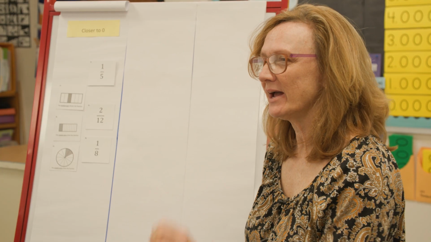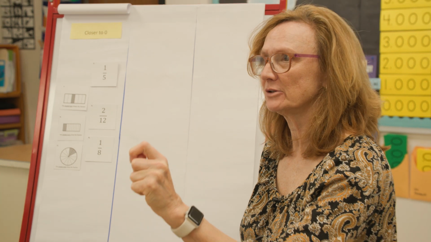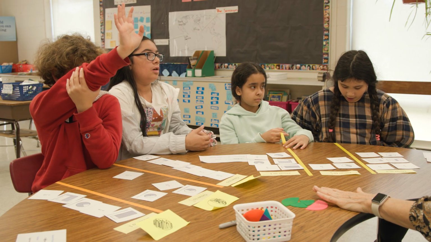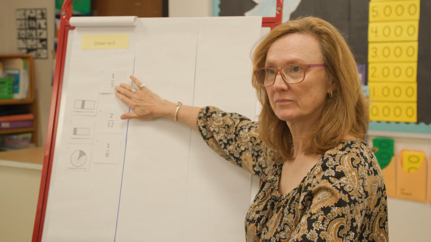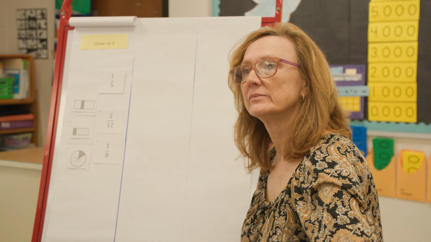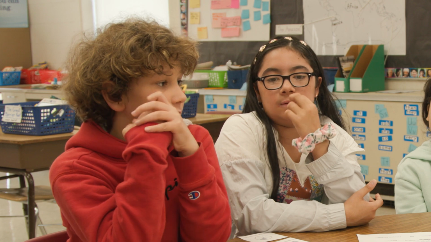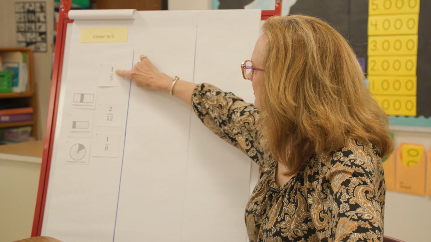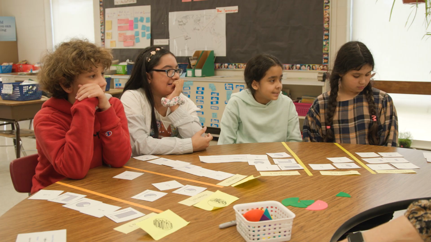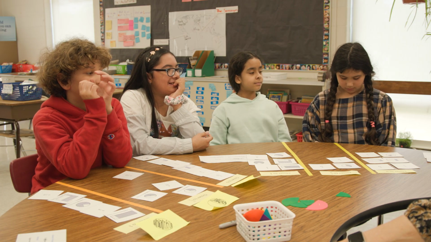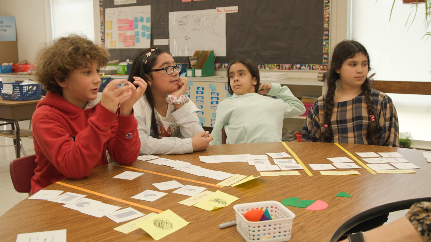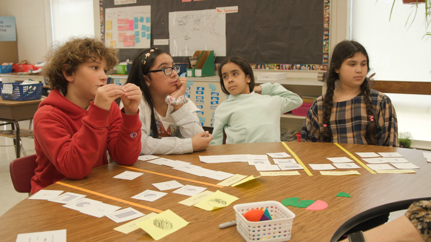Low numbers, okay. Tell me more about what you mean about low numbers. Like they're less than the number that's on the denominator. Okay. Something else. It's a small number, not too high.